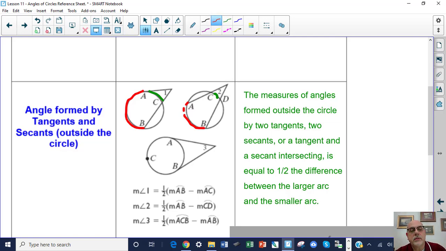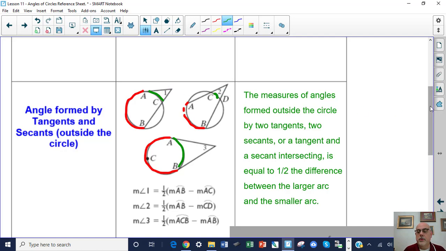When you have two tangents, it's that arc minus that one, divide by 2. If you notice in two secants, the sum of the arcs is going to be 360 degrees. You got to remember, angles formed outside the circle this time, not inside. Outside, large arc minus small, divide by 2.